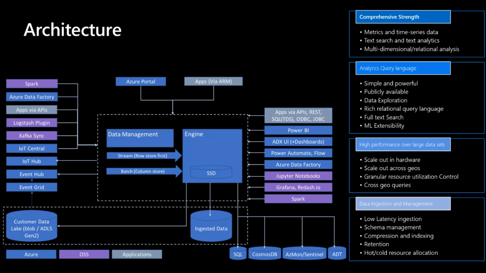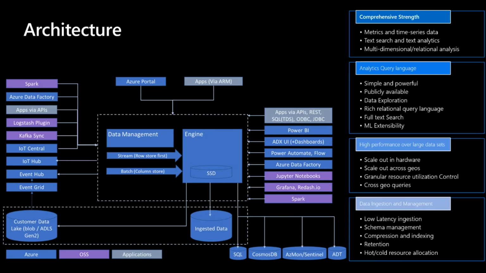It provides managed ingestion pipelines for Event Hub, from IoT Hub, and storage. And the engine nodes are responsible for caching the data on local SSDs and running distributed queries. The compute and storage are totally decoupled, and it can grow and shrink independently based on the load.